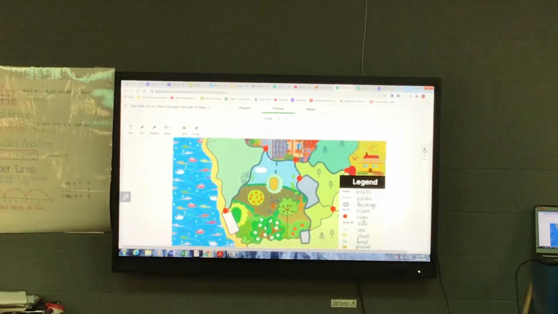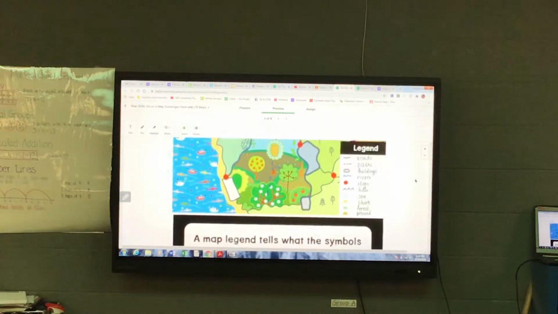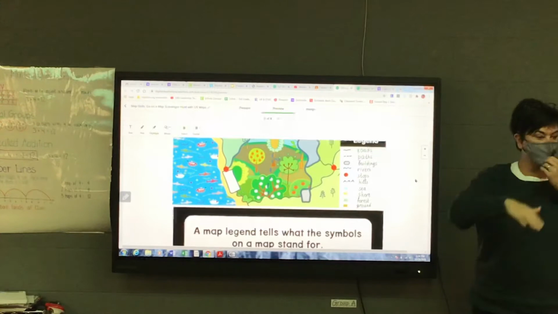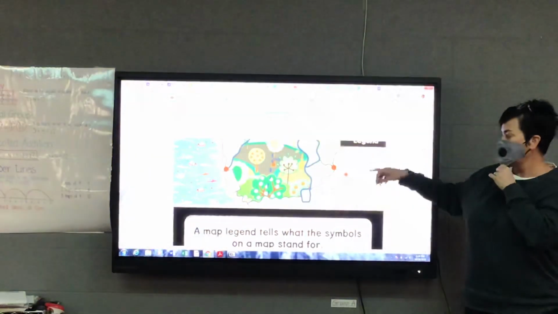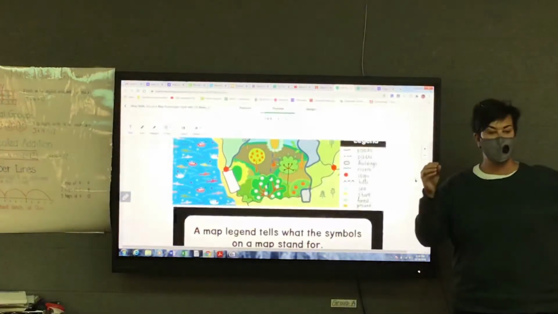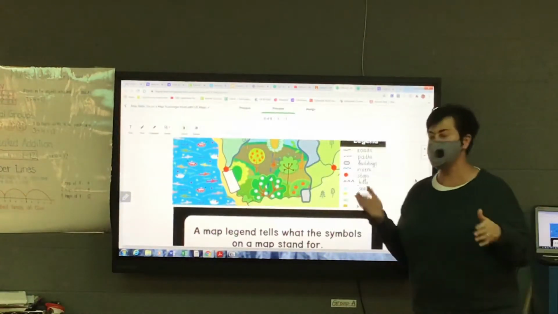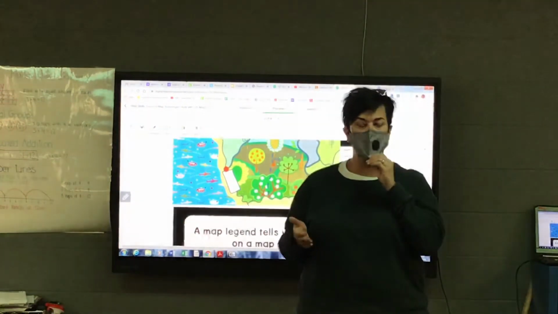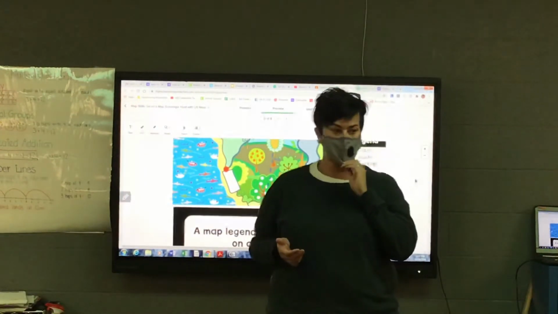I'm gonna zoom in on mine so that people at home can see it a little better maybe. All right, so the squiggly lines, or maybe the straight looking lines, those are what? Roads. What are the dashed or the dotted lines? Paths. Are roads and paths the same thing? No. Cars drive on which one? Road. People walk on which one? Path. Okay.